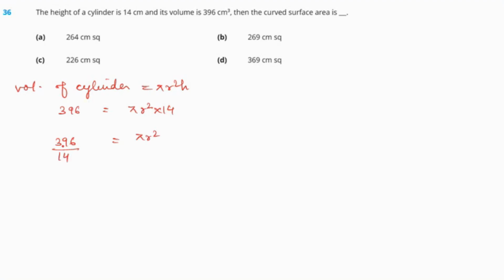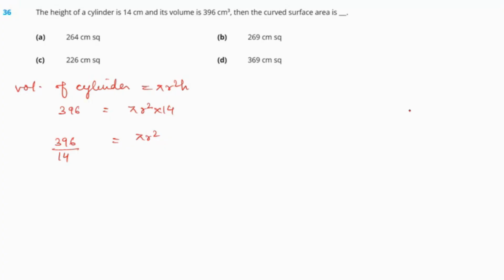And when we divide 396 by 14, we will be getting 28 point. Okay, rather than this, we can put the value of pi over here, so the calculations become easier for us.